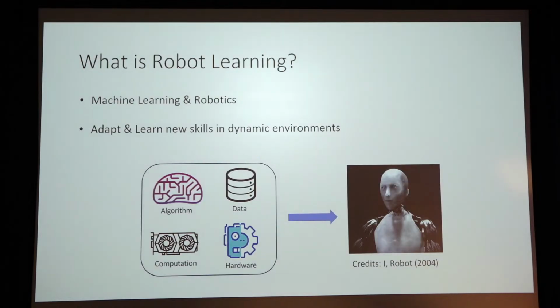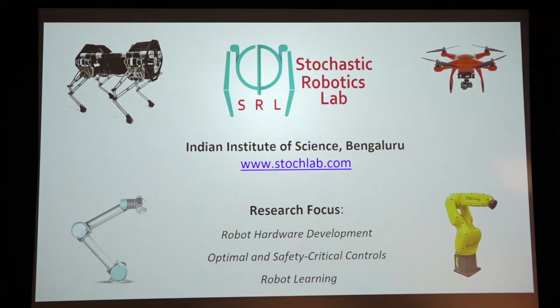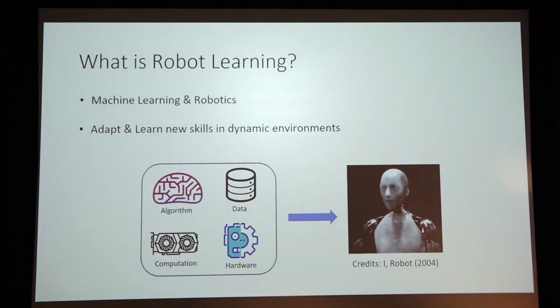As you saw, our research focus is robot learning, not just reinforcement learning. So what is that? It's simply an interdisciplinary field of machine learning and robotics. It doesn't just include reinforcement learning, but other algorithms as well. And here the goal is to enable these systems like robots to learn new skills or adapt in dynamic environments.